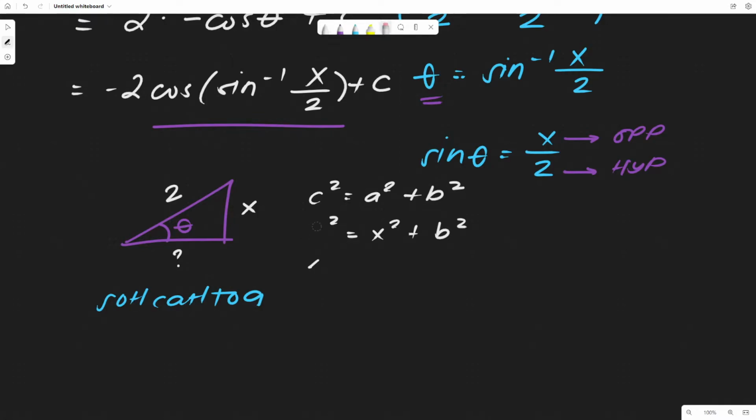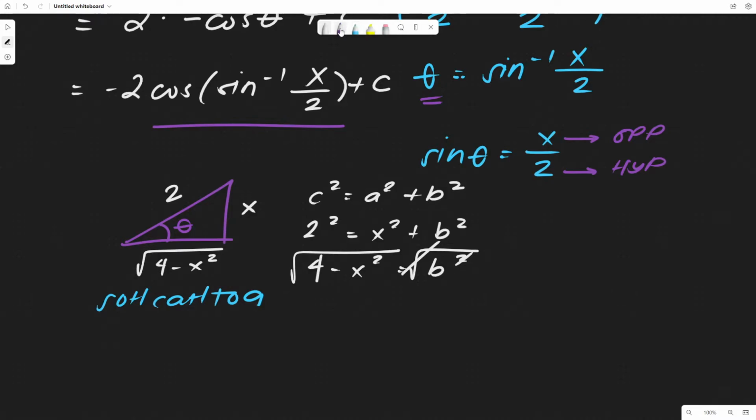Sorry, this is not 4 squared. This is 2 squared. So, 4 minus x squared is equal to b squared. Then, kunin ko yung square root ng both sides. So, b is equal to square root ng 4 minus x squared.